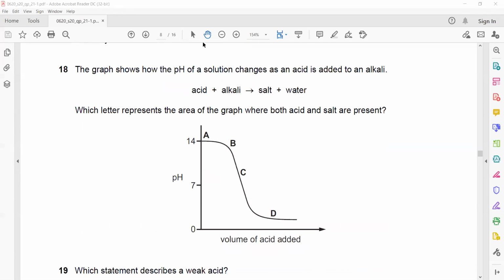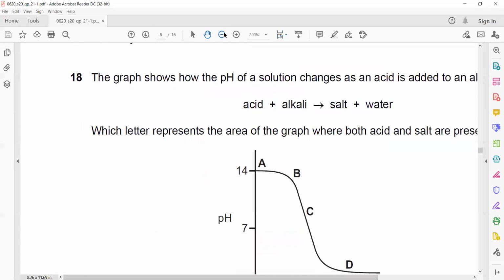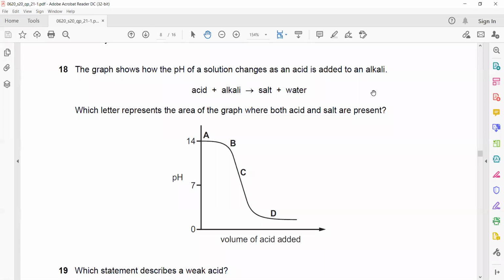Question 18. The graph shows how the pH of a solution changes as an acid is added to an alkali. Which letter represents the area of the graph where both acid and salt are present? Acid and salt. Acid means the pH should be less than 7.